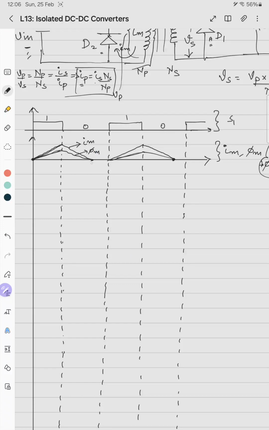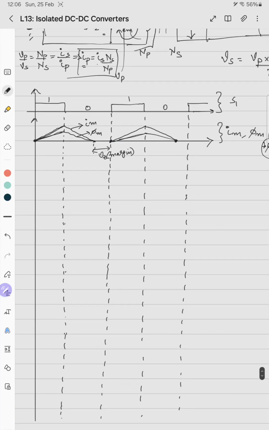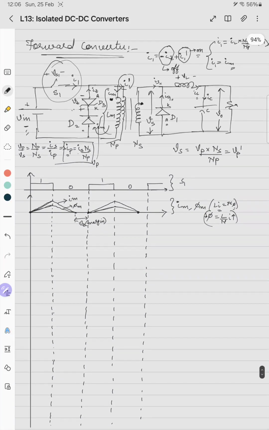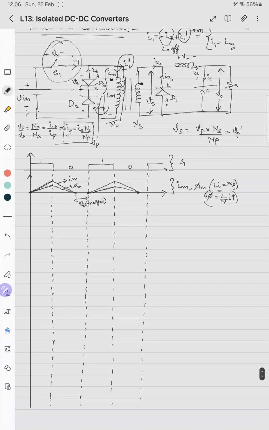This is due to VZ. This is for safety, or you can call it margin. So this is IM, or it can be up to here, not an issue, only the waveform will change. So we have drawn IM. Vm equals Vp only, so we'll draw that later. Now we'll draw the switch current and voltage in a single plot.